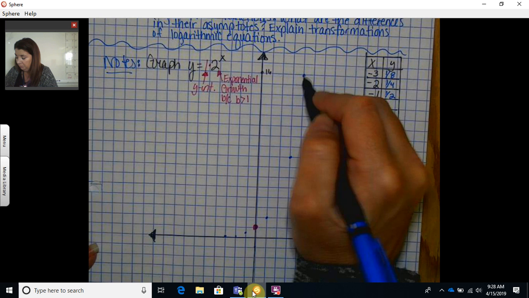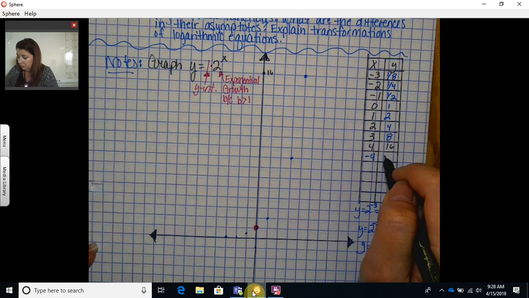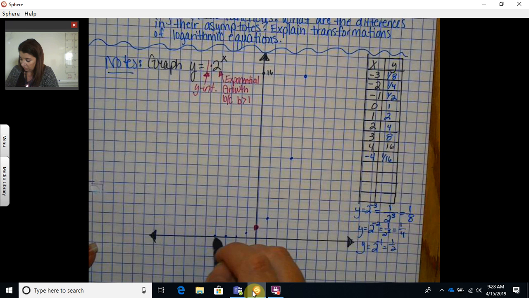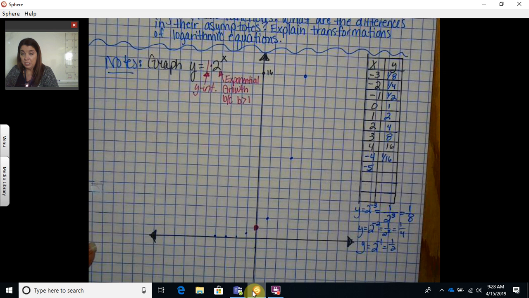What about if x was negative 4? What would y be? 1/16, right? How about if x is negative 5? Well, 2 to the 5th is 32. So wouldn't that be 1 over 32?